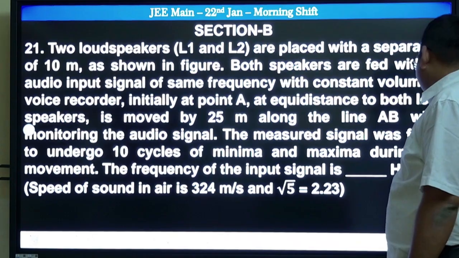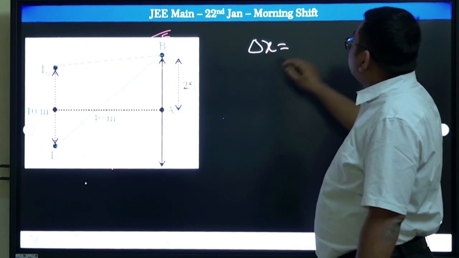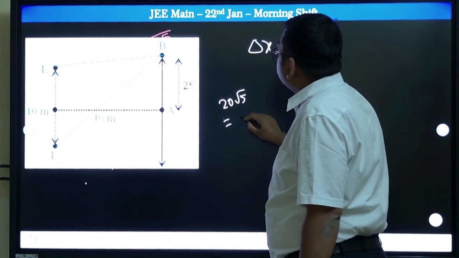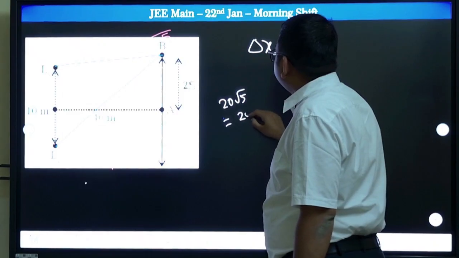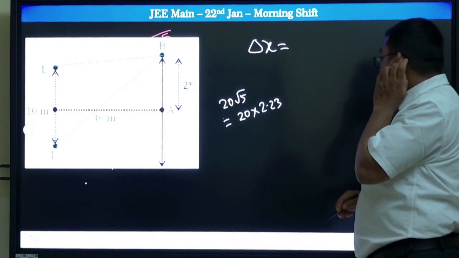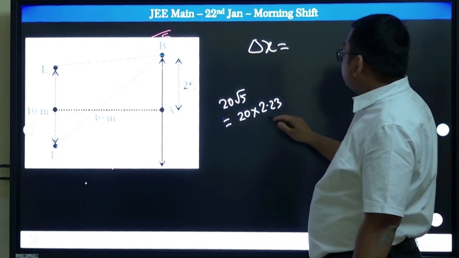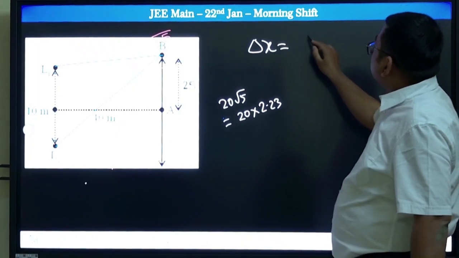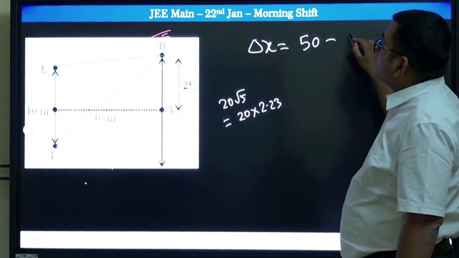Okay, so 20 root 5 is 20 into 2.23. You can calculate this. But 50 is larger, so the path difference is 50 minus 20 root 5.